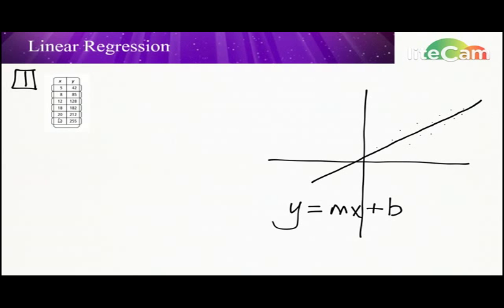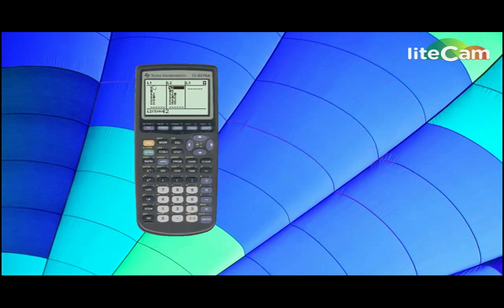So you're going to take your x values and your y values, and you're going to enter them into the list in the calculator. So we're going to put them in L1, and all you have to do is put your cursor over on the L1 and use your arrow buttons to arrow down.